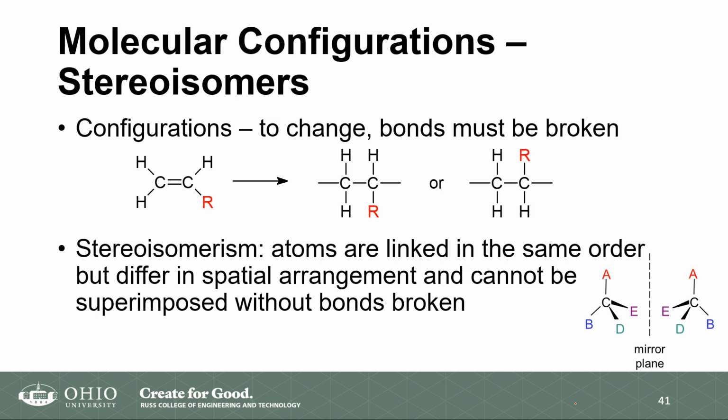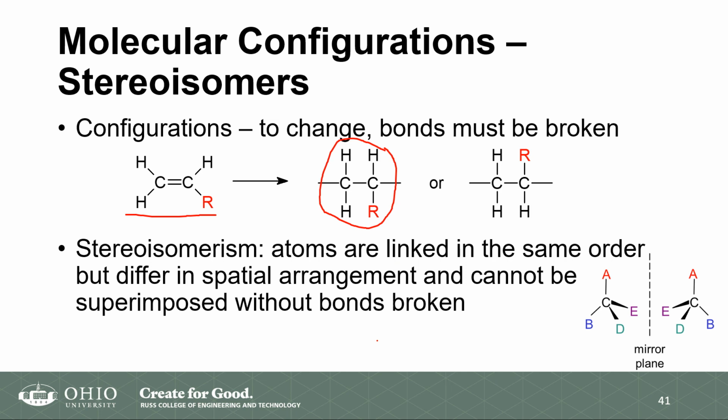Okay, so how does this relate back to the work that we're talking about in terms of polymers? Remember that I mentioned that our polymers will typically start with an unsaturated hydrocarbon, and then we convert that double bond to a single bond, and now we have our repeat units.